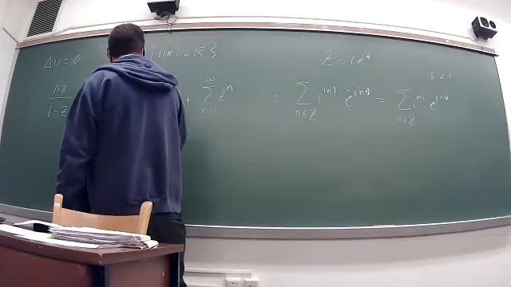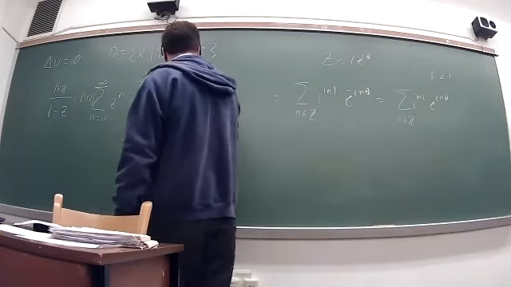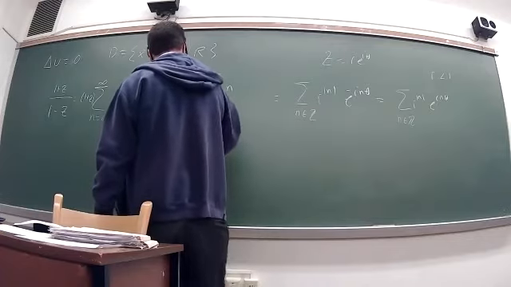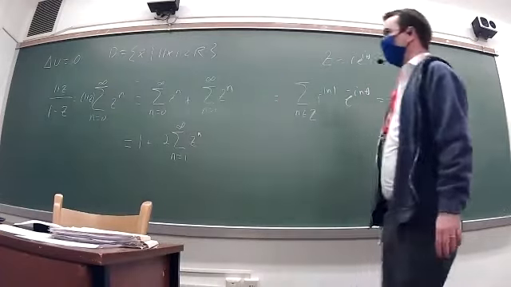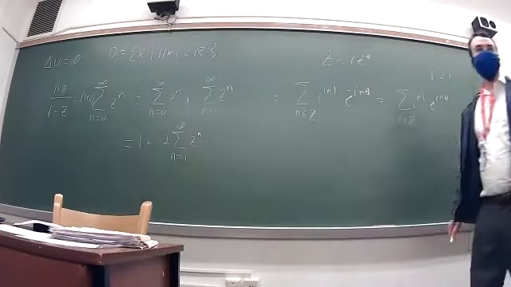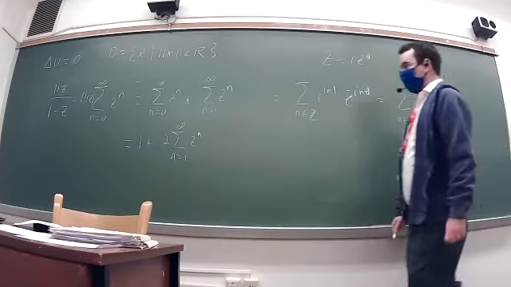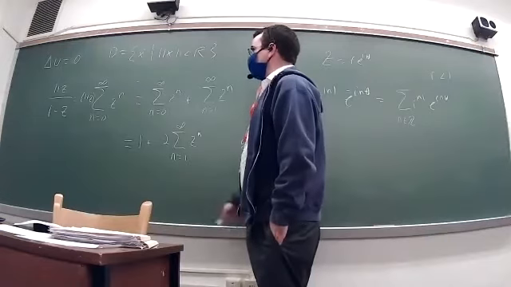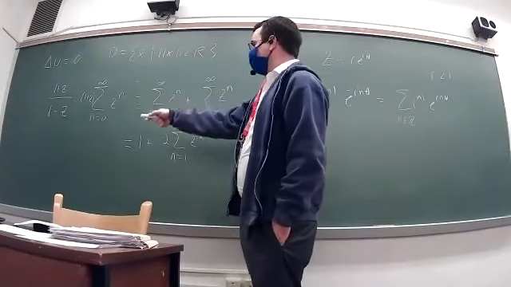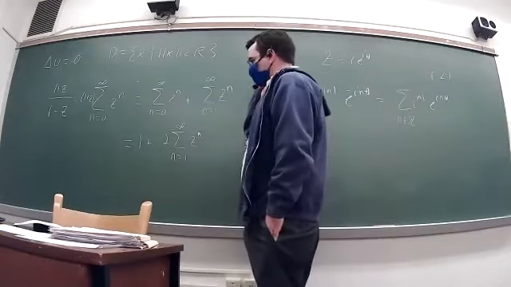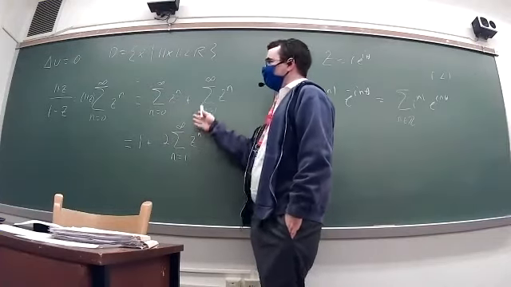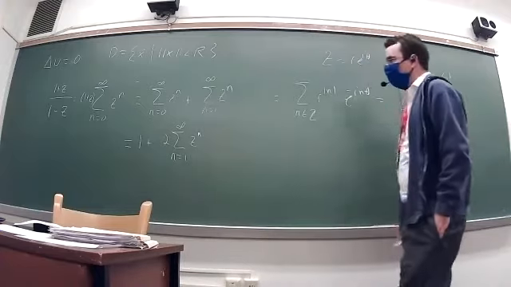So this is like 1 plus 2 times the sum from n equals 1 to infinity of z to the n, right? Not too much more than some algebra there. And so (1 plus z) over (1 minus z) is equal to this series, at least for those z for which this series absolutely converges, so z with modulus less than 1.